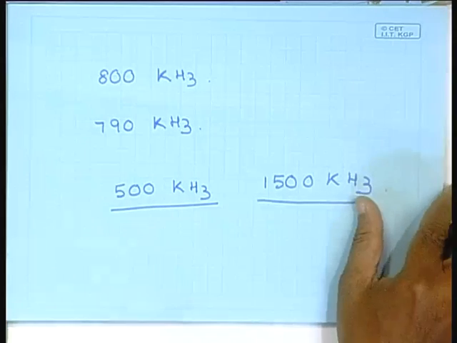So, until now we have been discussing the behavior of the superposition of two different frequencies at a fixed position only as a function of time. Let us now discuss the full space time behavior of the superposition of two different frequencies. So, this is what is shown over here.